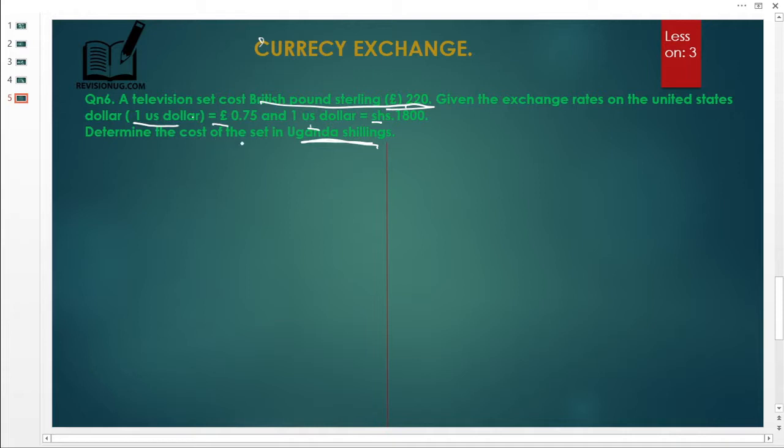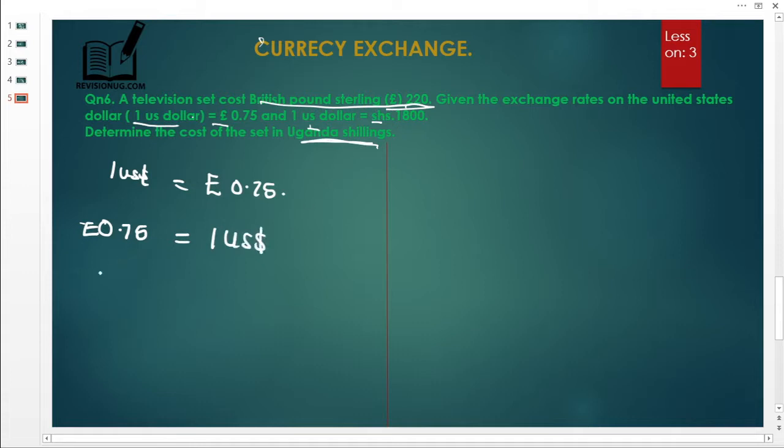We need to know how much this was. We are going to change the pound to the dollar, then the dollar will give us the shillings. The statement says 1 US dollar is equivalent to 0.75 pounds, meaning that every 0.75 pounds will give us 1 US dollar.